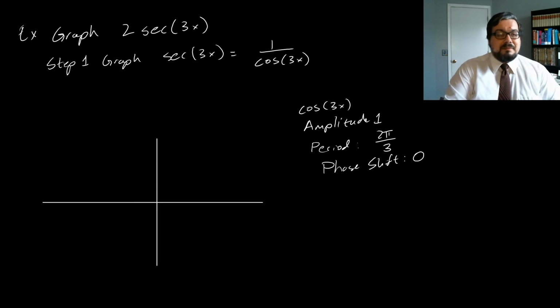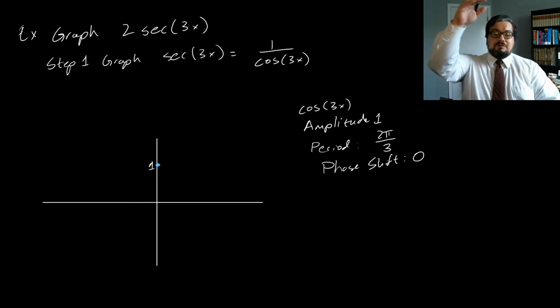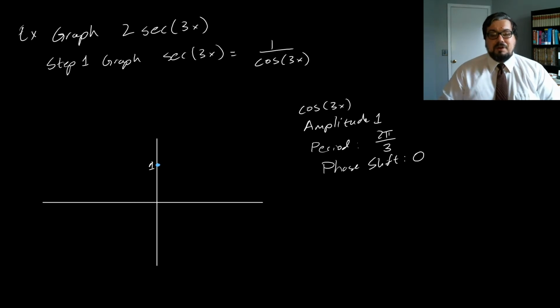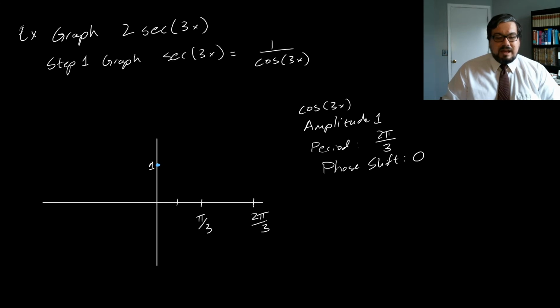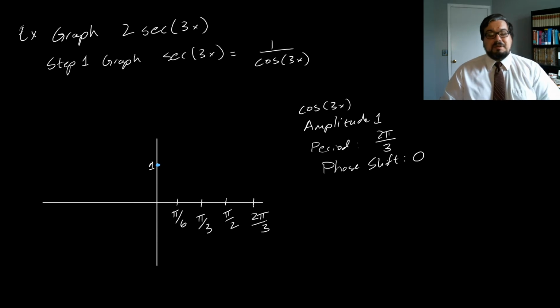So in particular, that means that we know that cosine is going to start up here at 1 and go through its standard period, going from 1 down to 0 to -1 to 0 back to 1 on this graph over a period of 2 pi over 3. So let's see what that looks like. 2 pi over 3, half of that would be pi over 3, half of that is pi over 6, and then 2 pi over 6, which is pi over 3, then 3 pi over 6 would be pi over 2.